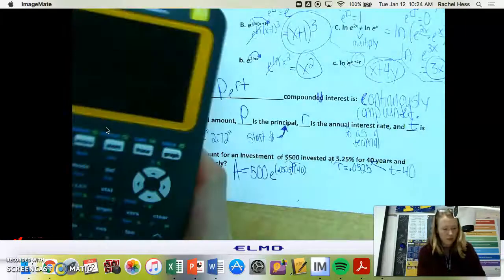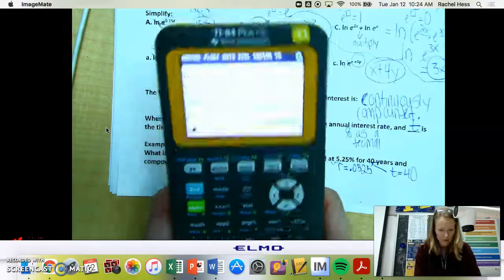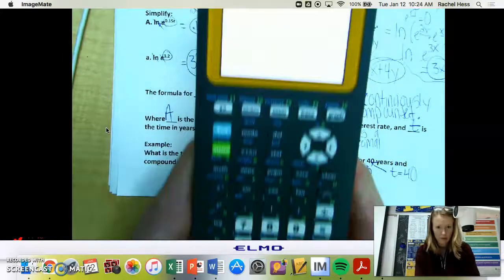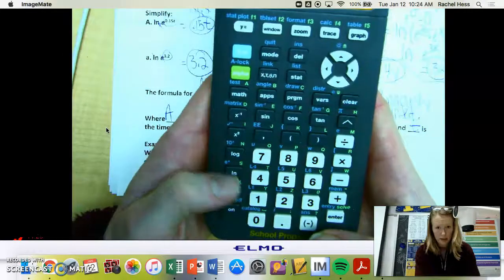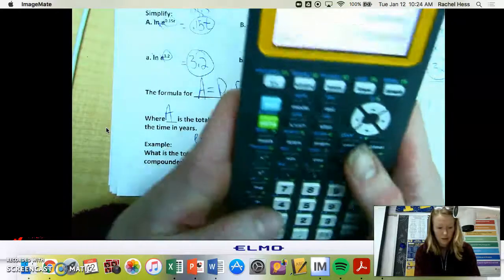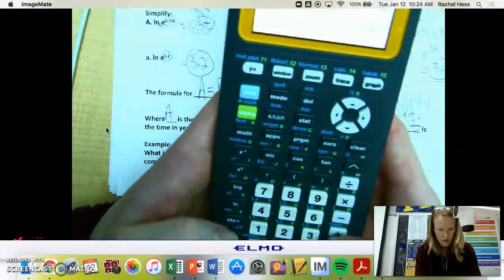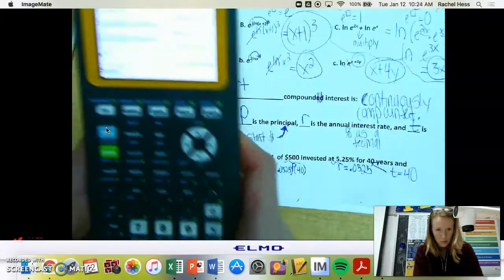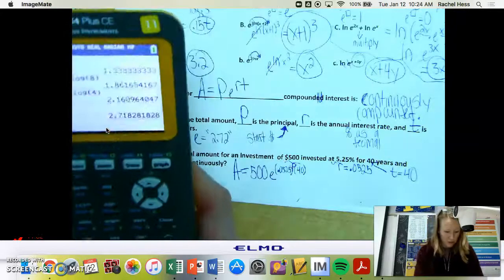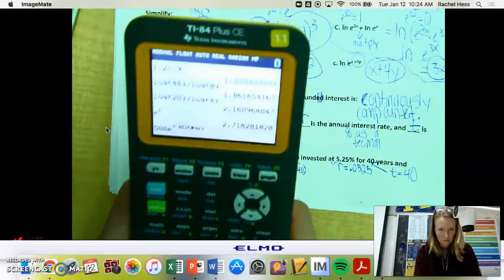So once again, if we were to plug this in, I have 500e. If you have a graphing calculator, it's right above the natural log. You'll look for an e to the x power. E to the, and then in this case I'm going to use parentheses because there's two operations here, 0.0525 times 40 power.